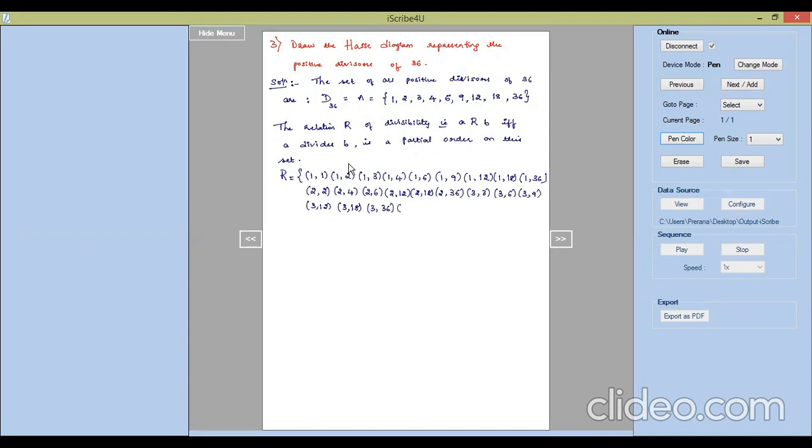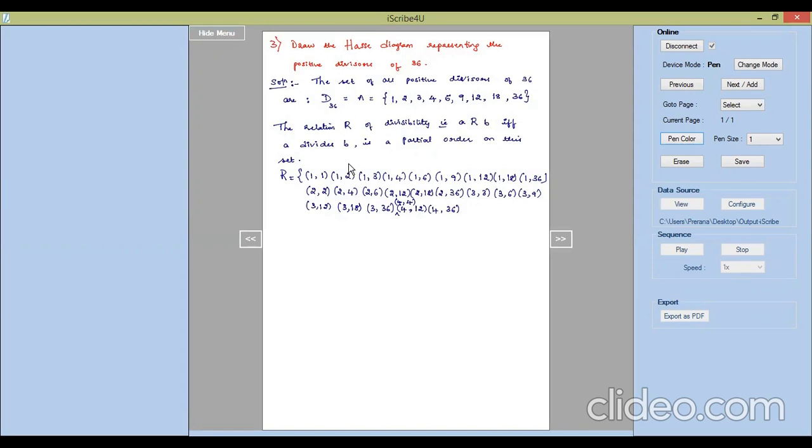Next with 4 we have to write down (4,12) first, then (4,36). I have to write (4,4) also. So don't forget that every element is related to itself on the divisibility relation. So (4,4), (4,12), (4,36).